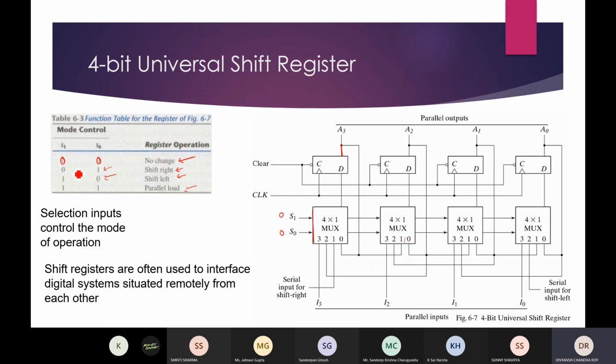And if you consider the case of 0 1 input, see here. If you see carefully, this is the circuit diagram of the shift right register that I explained earlier.